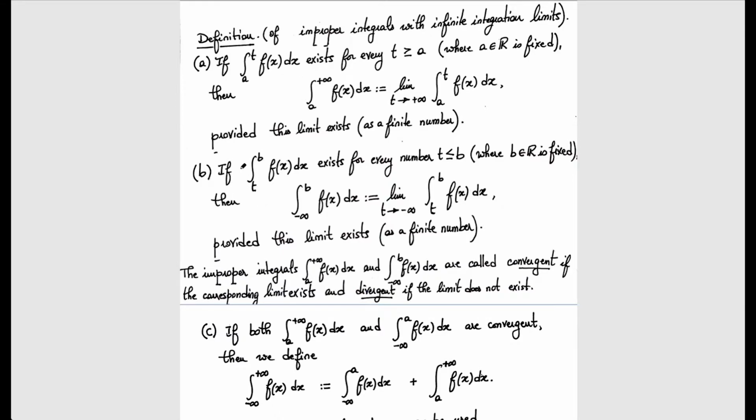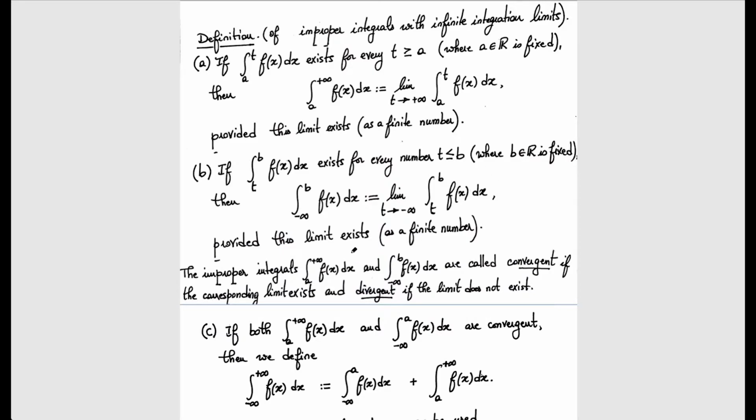So this is part B. If you have this integral over the finite interval from t to b of f of x dx existing for every single number t that's at most b, where b is also a real number that's fixed, then we're going to define this improper integral from minus infinity to b of f of x dx to be the limit as t now goes to minus infinity of the integral from t to b of f of x dx, provided the limit exists as a finite number.